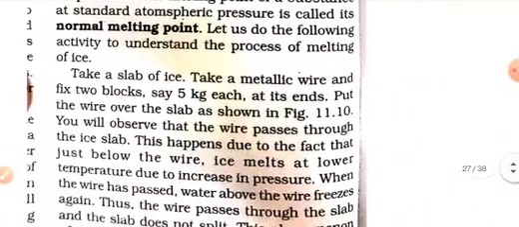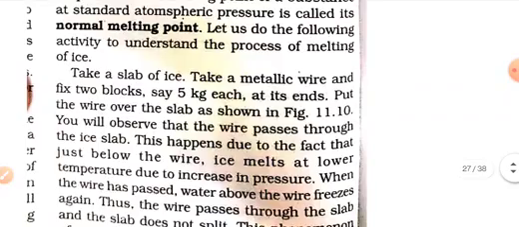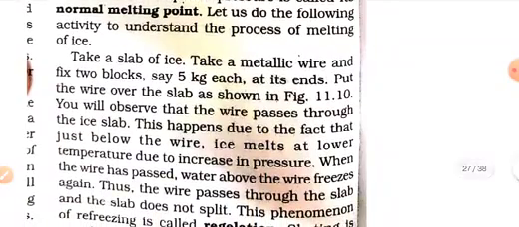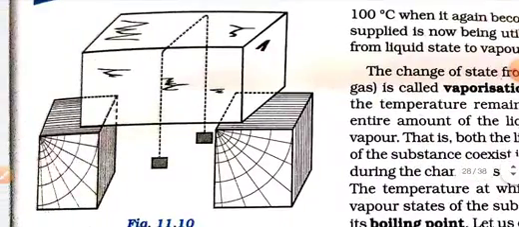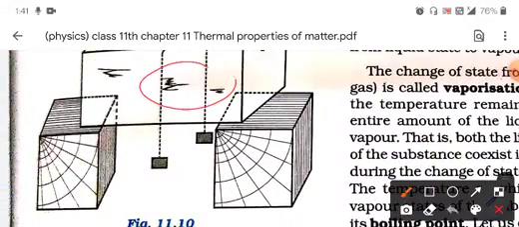Put the wire over the slab as shown in the figure. We will put this wire over this slab.